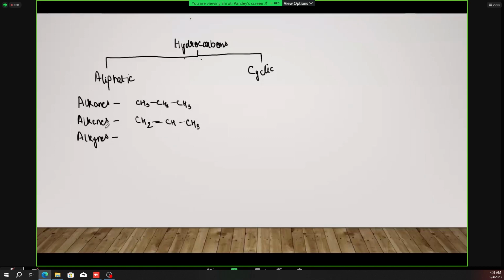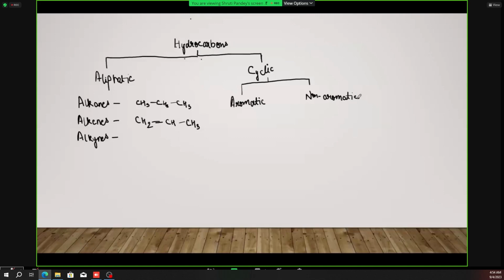It is an alkene. So this was all about aliphatic hydrocarbons, and then we come to the cyclic hydrocarbons. Cyclic can also be divided into 2 types, the aromatic and the non-aromatic compounds.